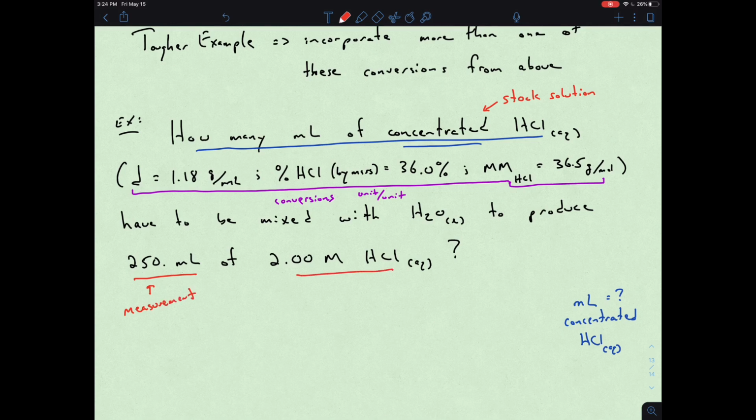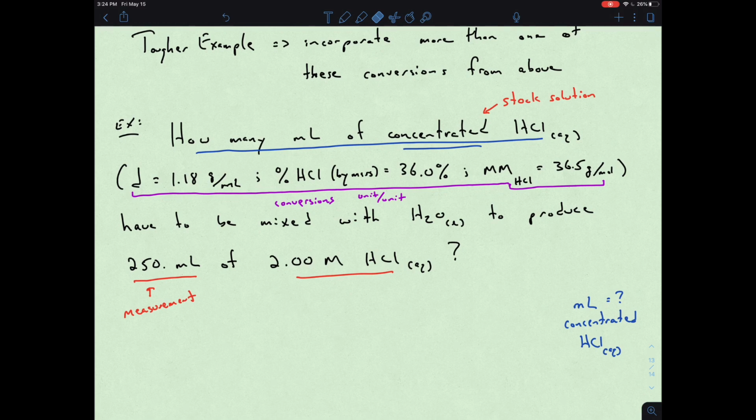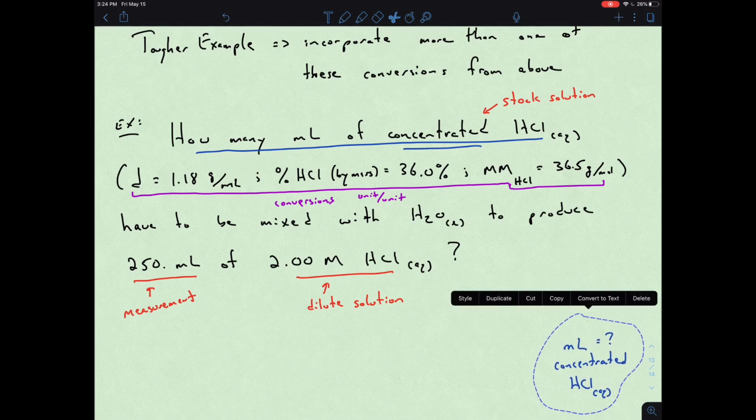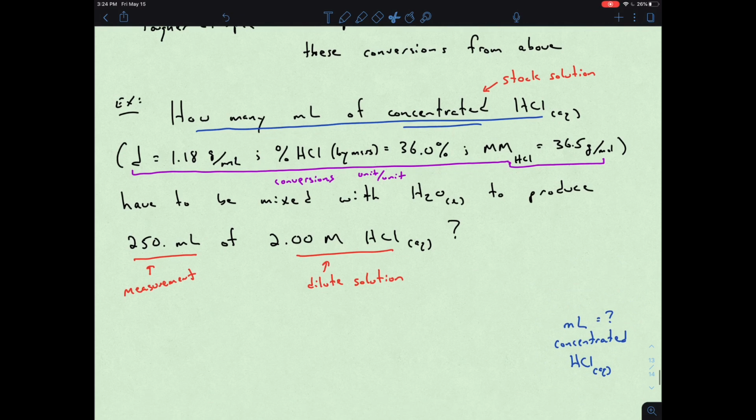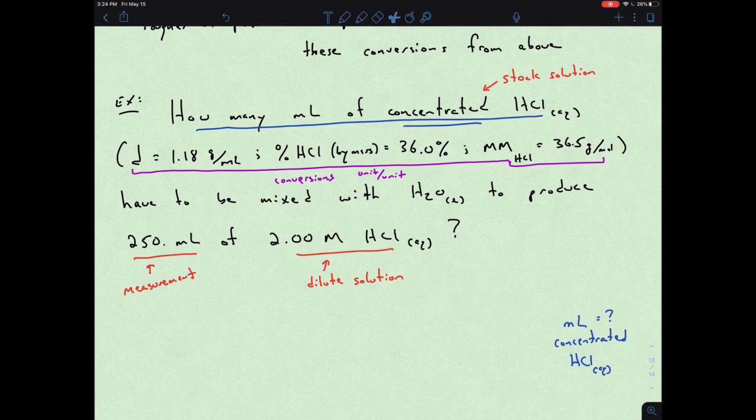And in terms of the 2 molar, this is really now a dilute solution. So we're really looking at a dilution. This is a dilution example.